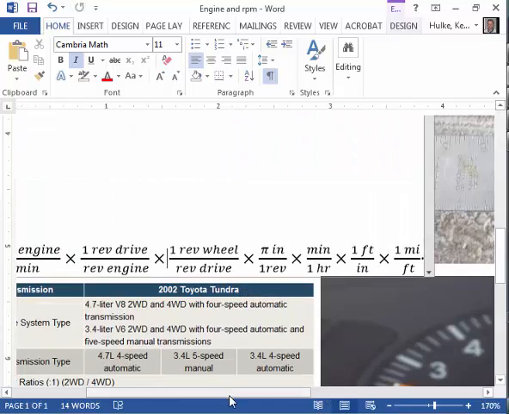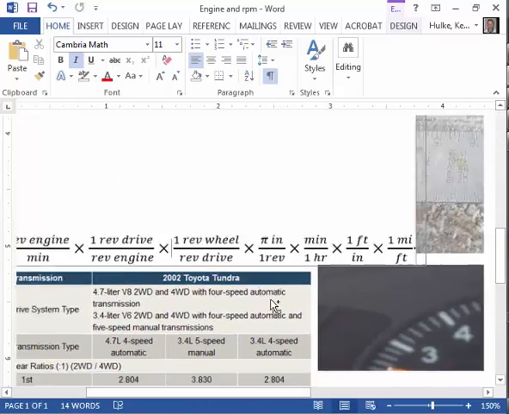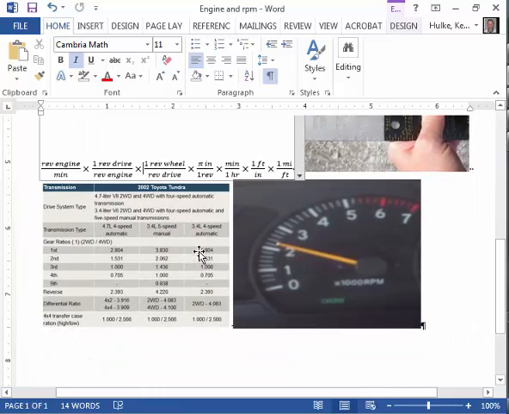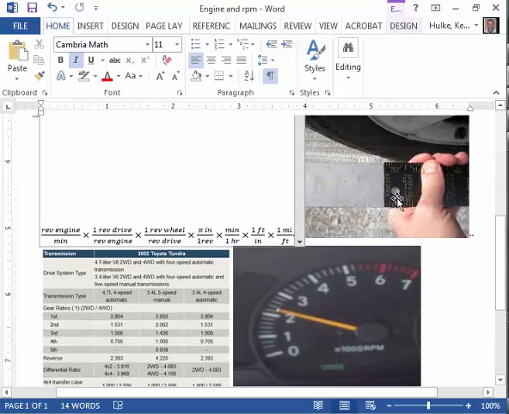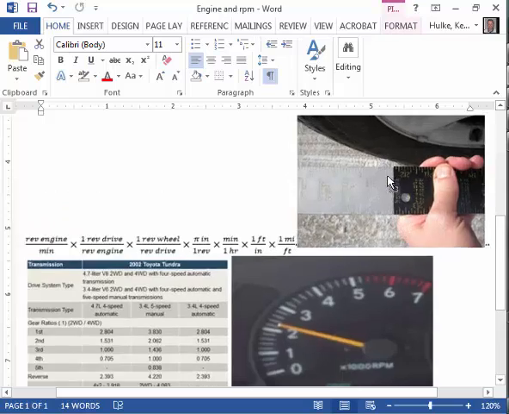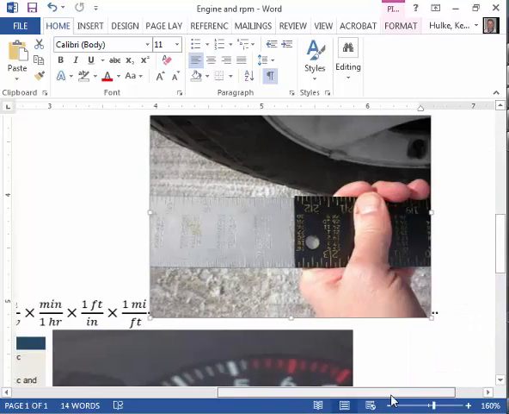You have to figure out the speed that the Tundra is going using the exact same information. Notice here the wheel size is a little bit different for the Tundra, not that much different.